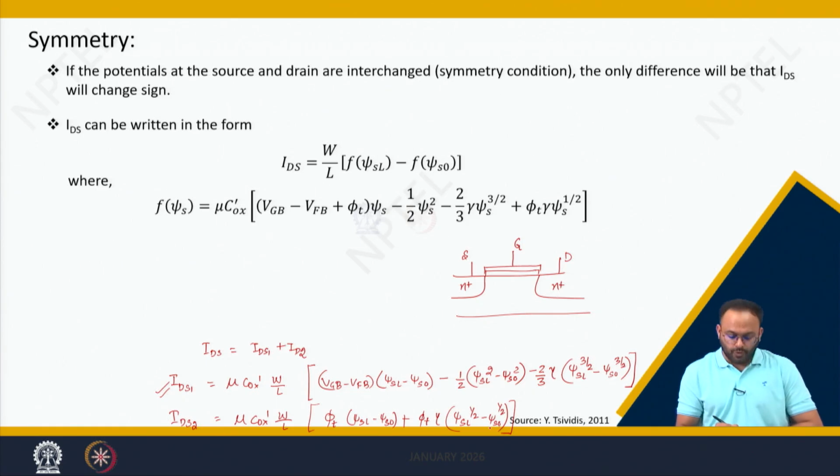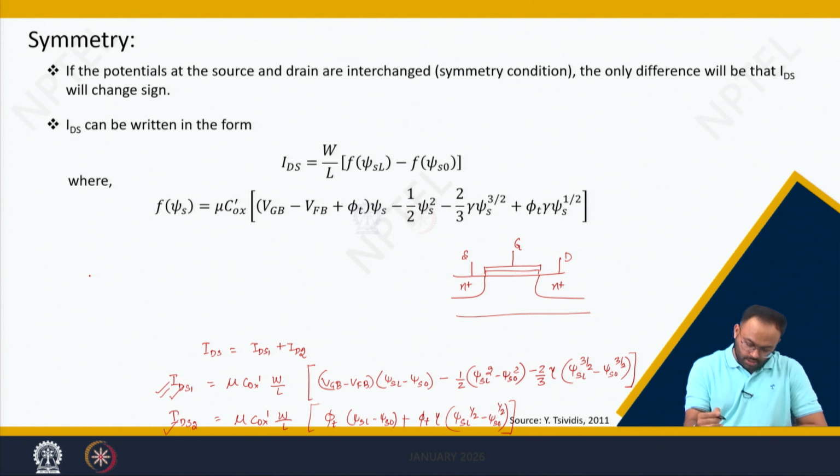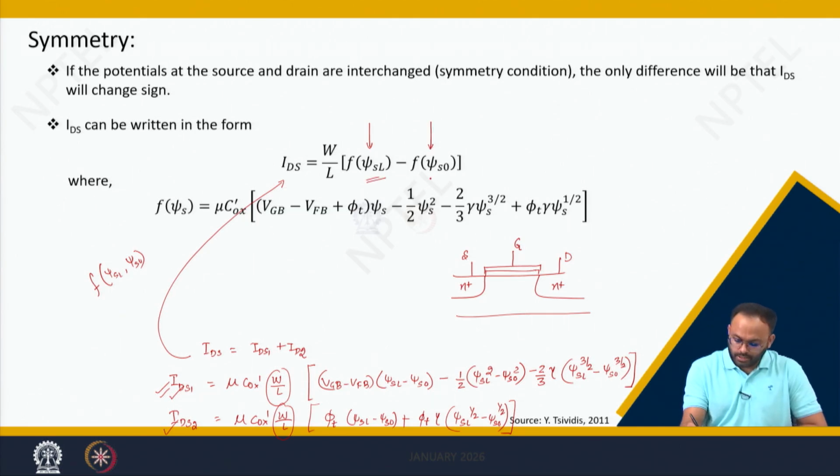It means that IDS1 and IDS2 are nothing but functions of psi SL and psi S0. So I can rewrite these equations such that W by L is common, and the current depends on some function of psi SL minus some function of psi S0.